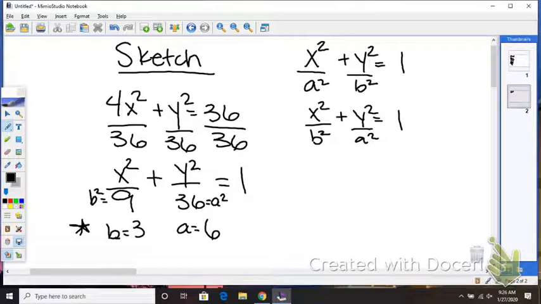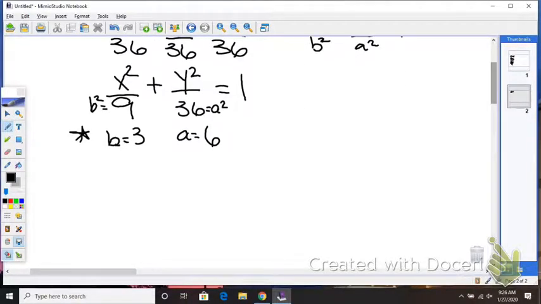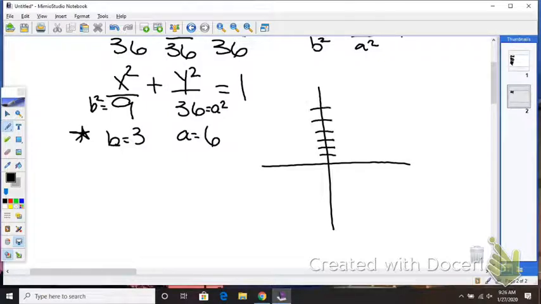You just told me that y is the major axis, so I'm going to use this and plot my major vertices. I'm going to go up and down 6. So I have (0, 6) and (0, -6).